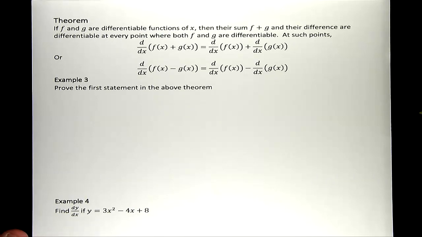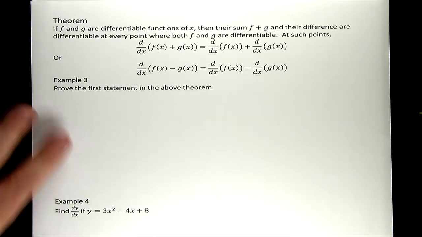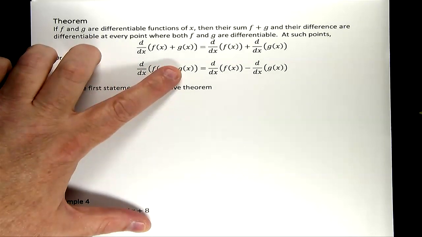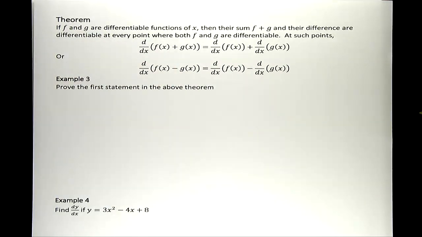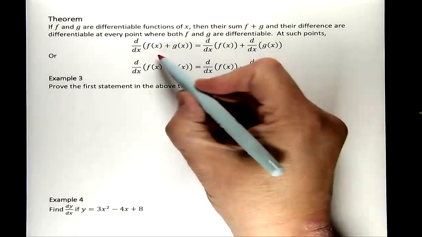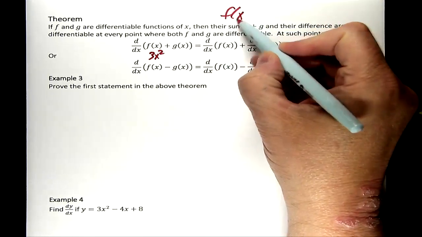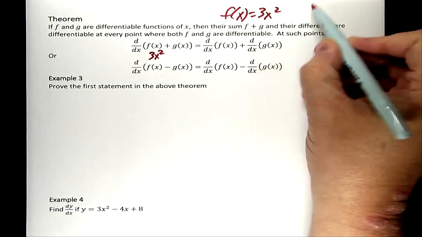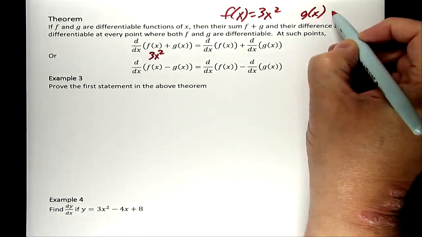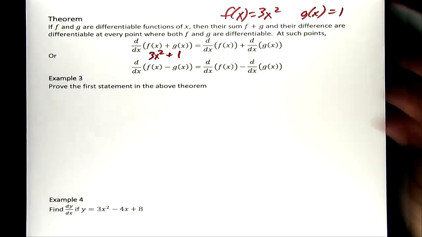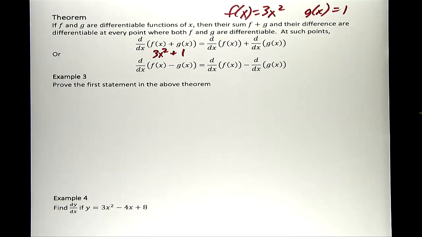The point is, if you take the derivative of a couple things added together, like say 3x squared plus 1, 3x squared would be f of x, and g of x is 1. We can just do the derivative piecewise, one piece at a time.